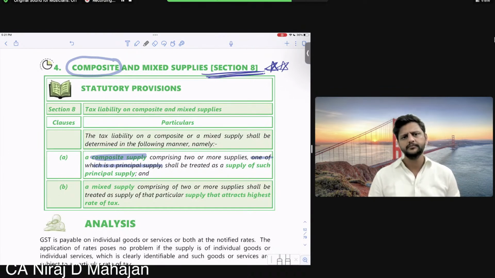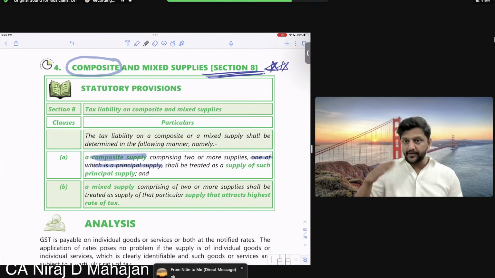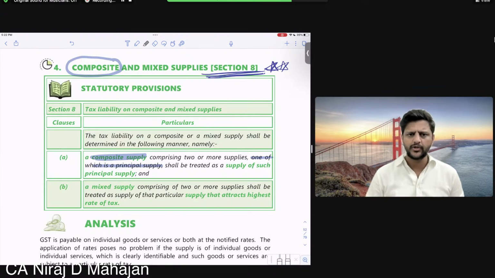All of you clear till here? So even if there are separate rates on laptop, charger, mouse, whatever, which rate will be applicable? GST on laptop, that rate will be applicable. Understood?